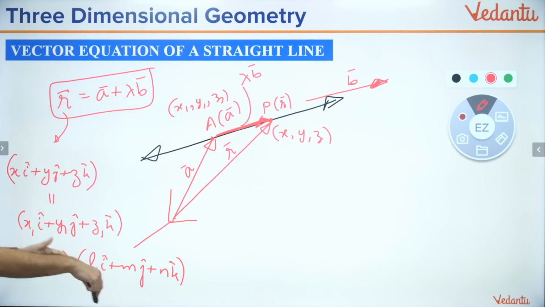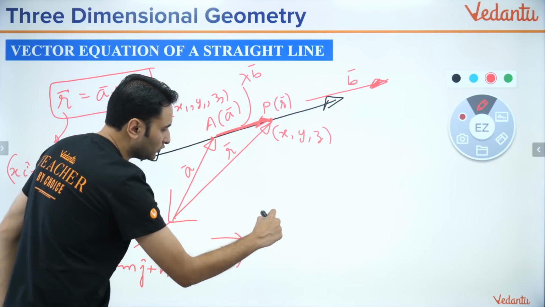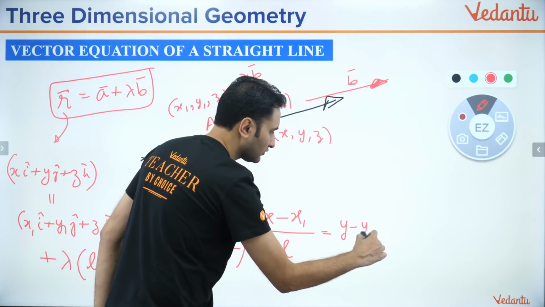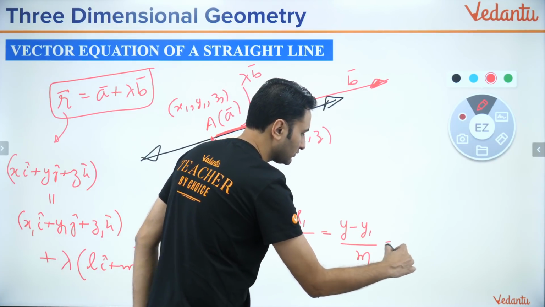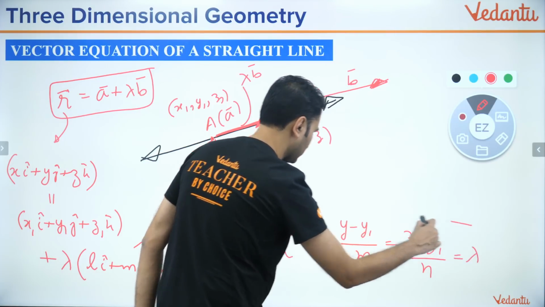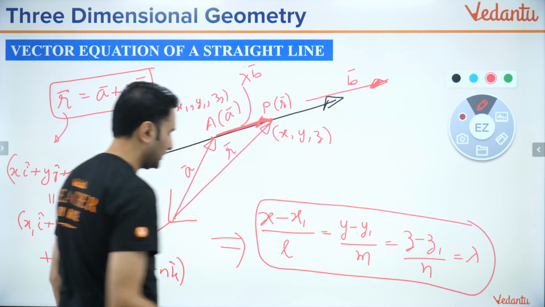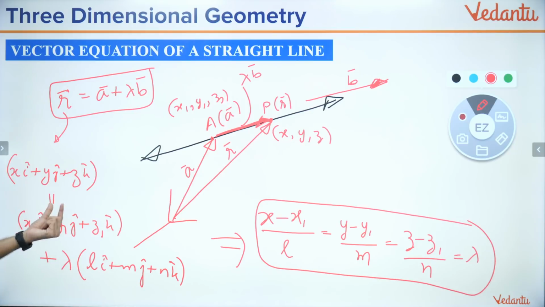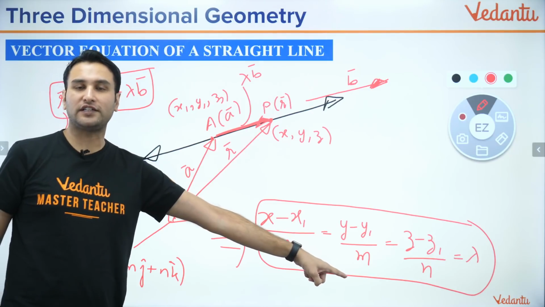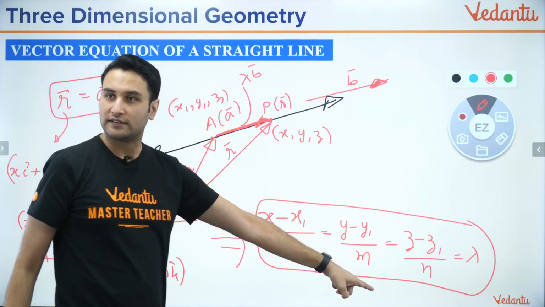So if you look at this, it will give you, ठीक है, if you compare the i, j and k on the left and the right hand sides, you will get this. This is what we call as the Cartesian form of the straight line. समझ में आया सबको?